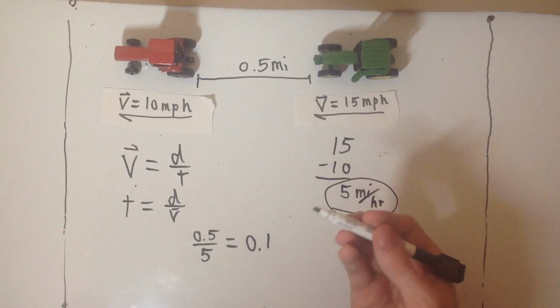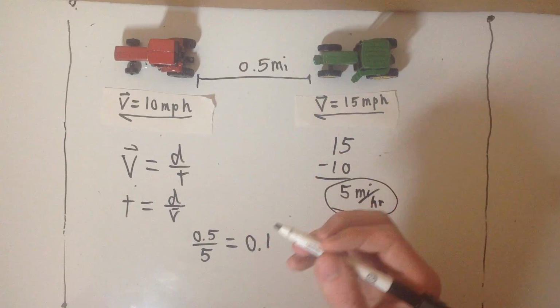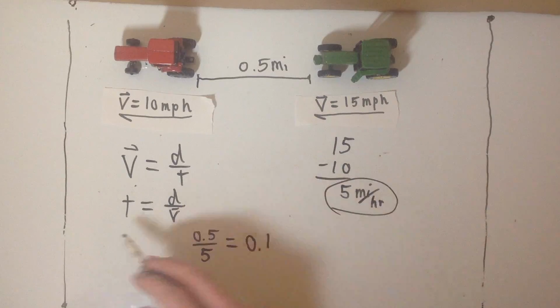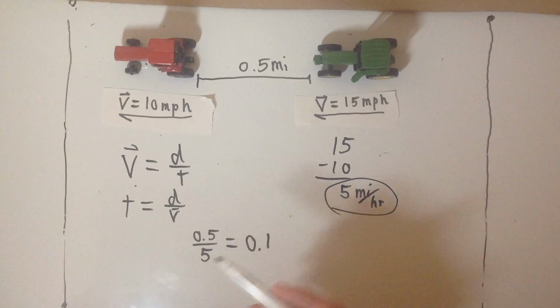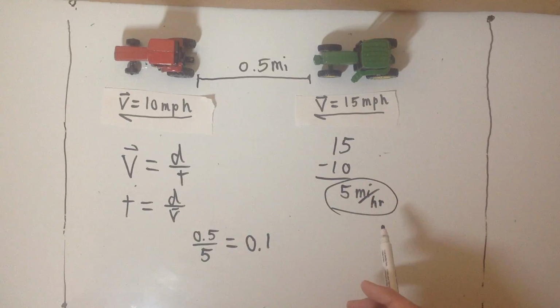0.5 divided by 5 gives us 0.1. Now we have to think about what our units are. We have distance in miles over velocity in miles per hour.